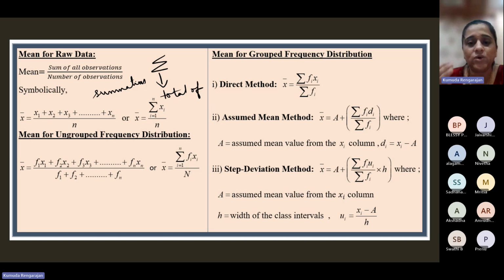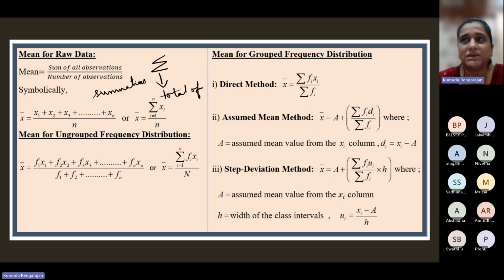So now when you have to find a mean, we'll generate this column with the heading X, wherein we'll write the mid value or the class mark of every class interval. All right.